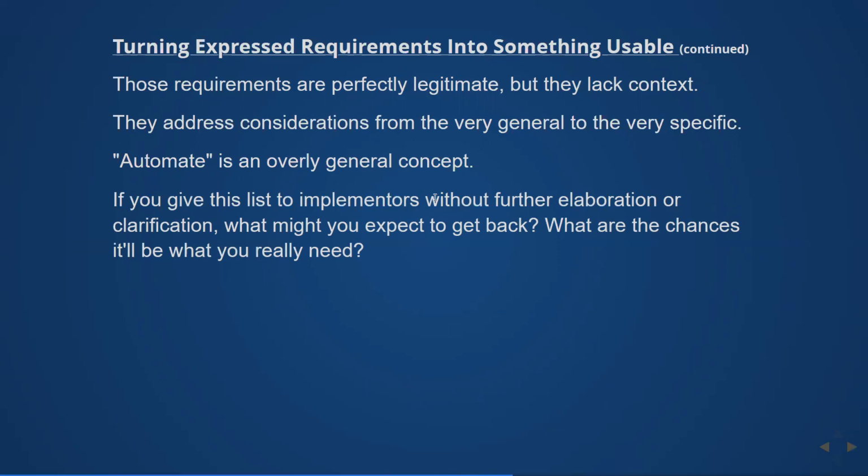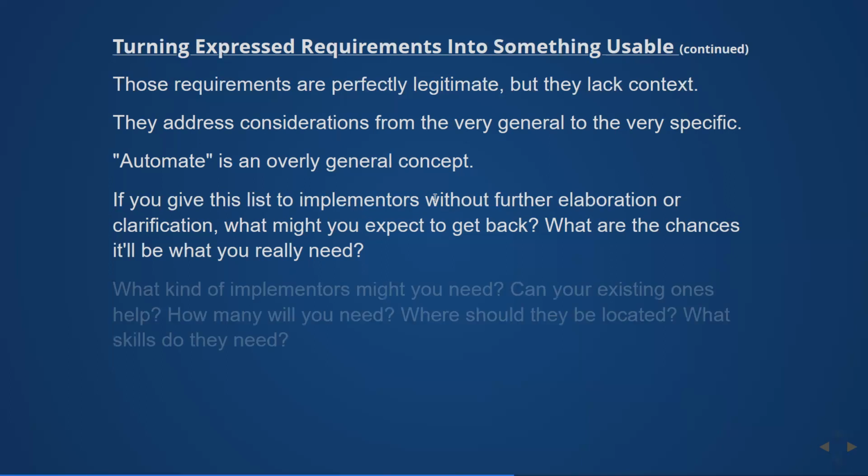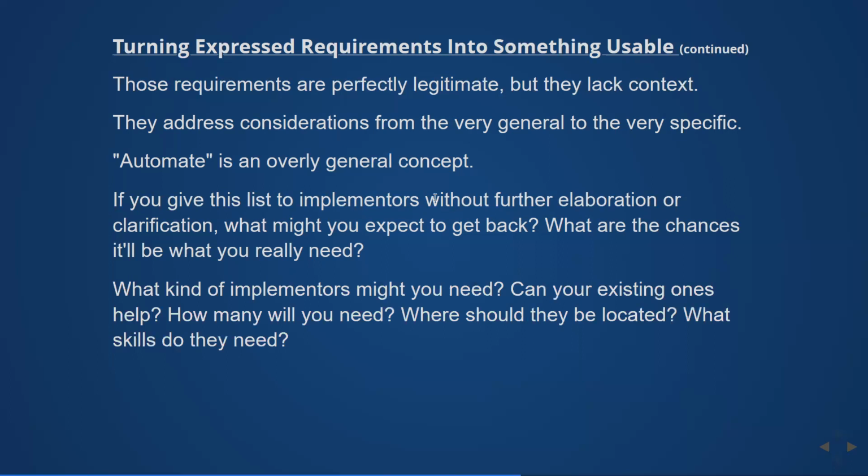then what if I didn't tell them anything else, what are they likely to come back with? What are the chances it'll be the right thing that really solves your problem and gives you what you want and need? What kind of implementer should you talk to? Can the existing ones help?